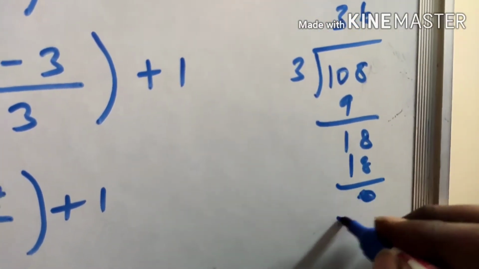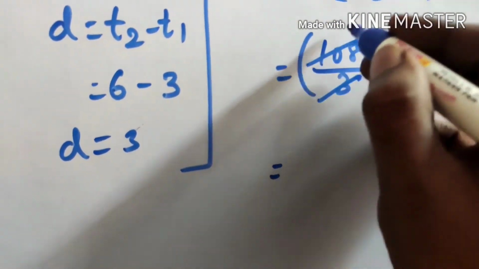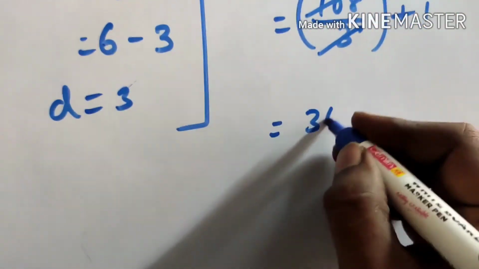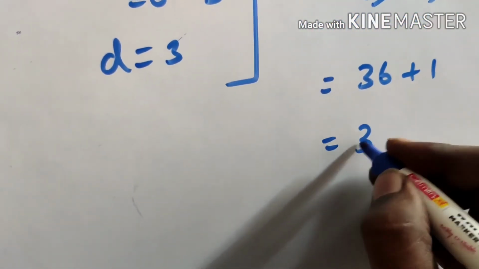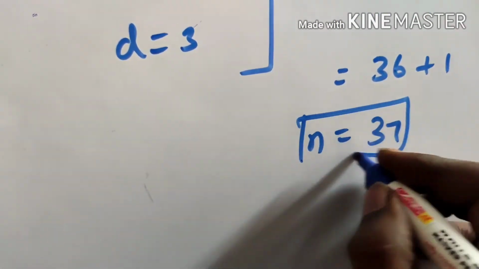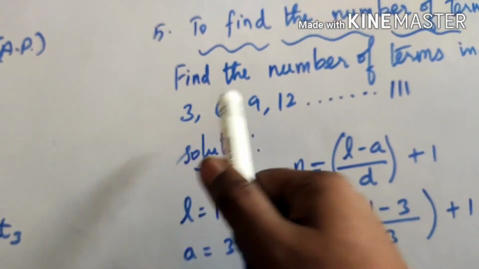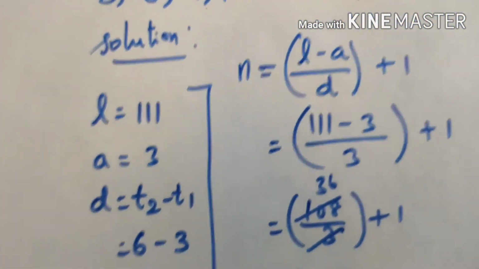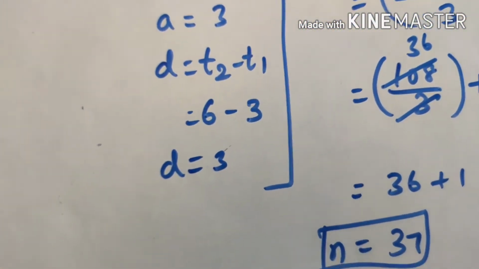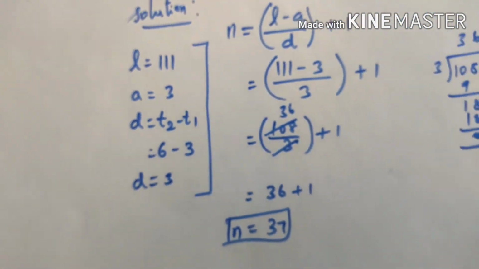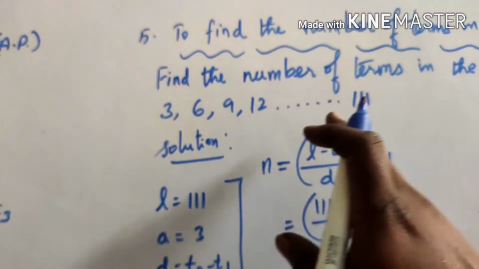So you are getting 36. So 36 plus 1, you are getting 37. So from 3 to 111, we have totally 37 terms, 37 numbers or 37 terms, you can say.